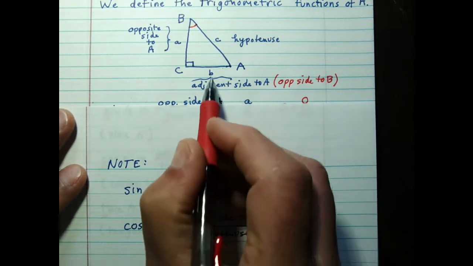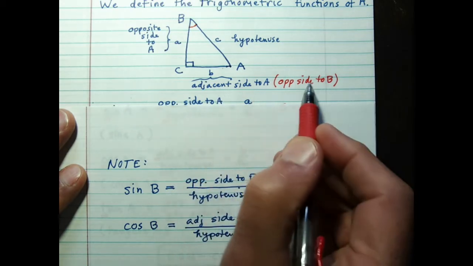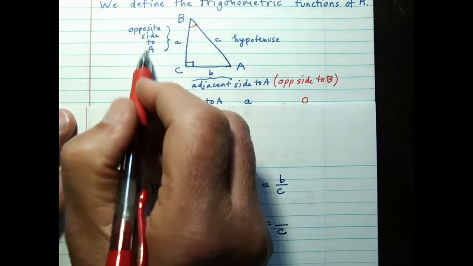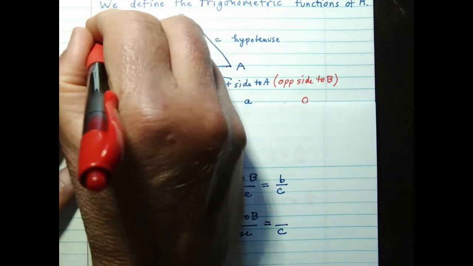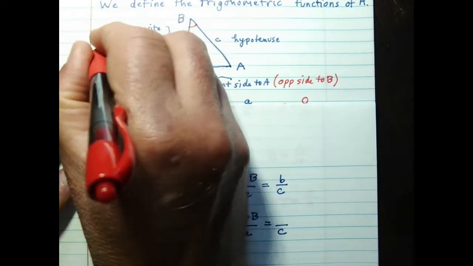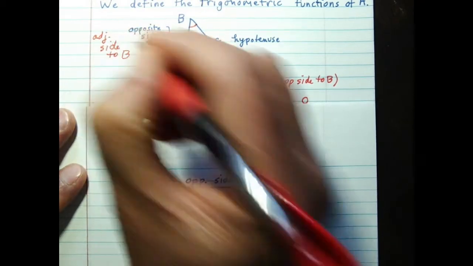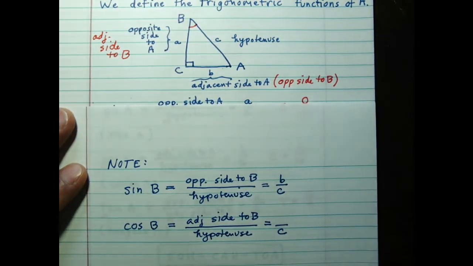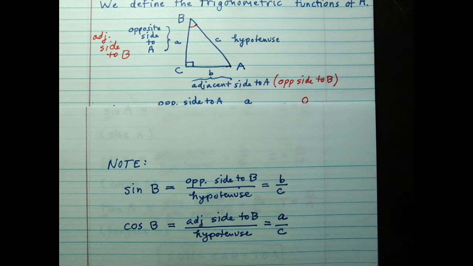The side that is adjacent to A is opposite to B. The side that is opposite to A is actually the adjacent side to the angle B. So cosine of capital B is actually little a over little c.